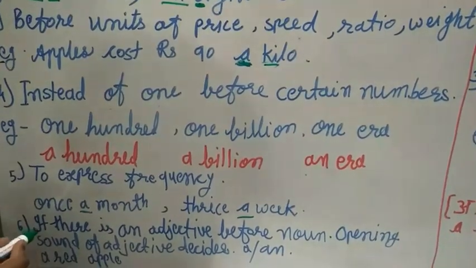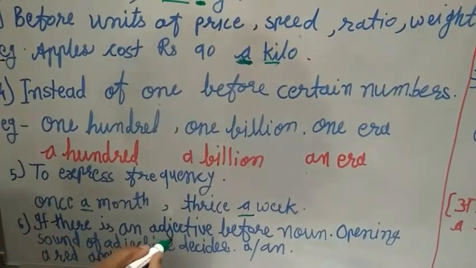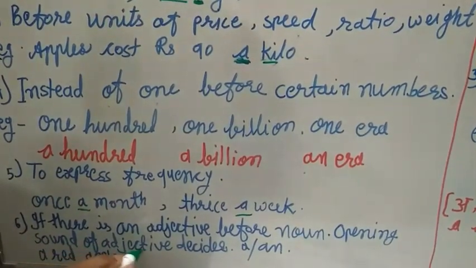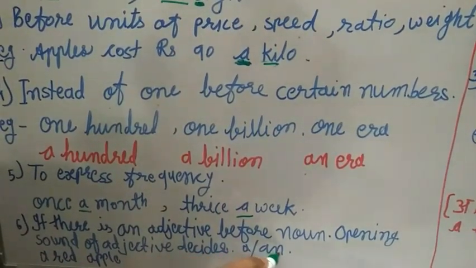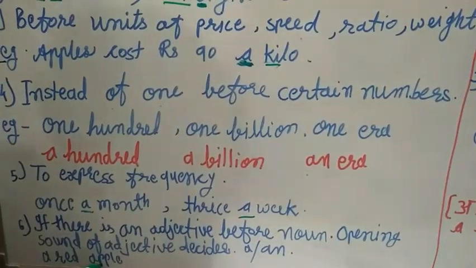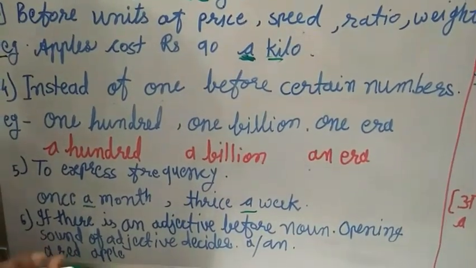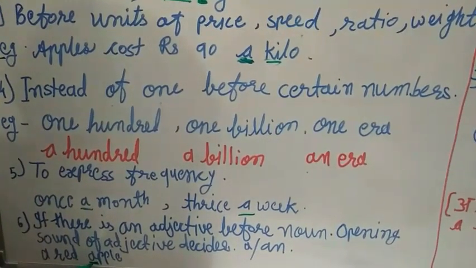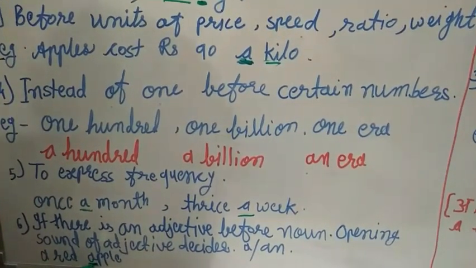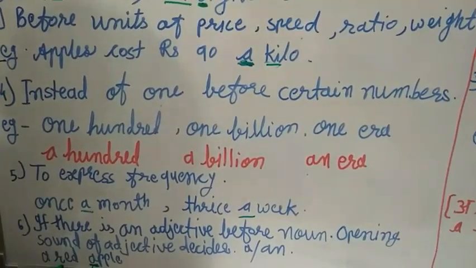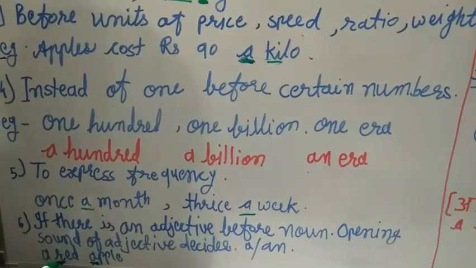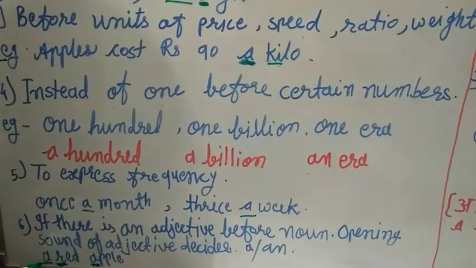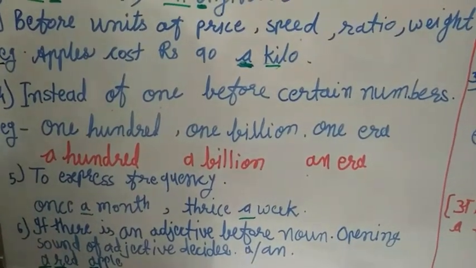Next, if there is an adjective before the noun, the opening sound of the adjective decides a or an. Here, a red apple. If red is not there, we would use an before apple, but since it is red apple, we see the next word's first letter. It is R, and for that we use a red apple.